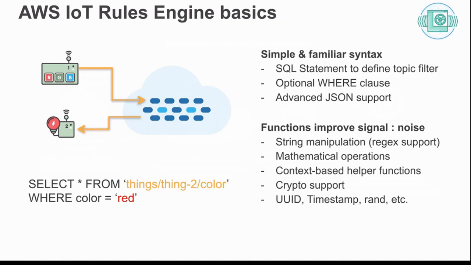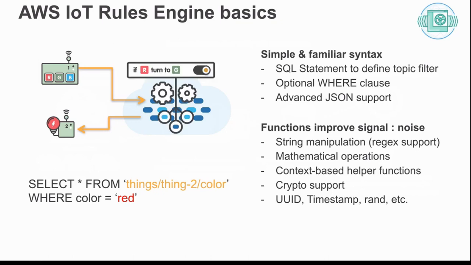And there are built-in functions here for things like string manipulation, mathematical operations, context-based helper functions, cryptographic support, and also specific attributes that can be embedded in your messages by the gateway. So for things like timestamp, UUID, random numbers, etc., they can also be generated by the rules engine and inserted into messages if you need that.